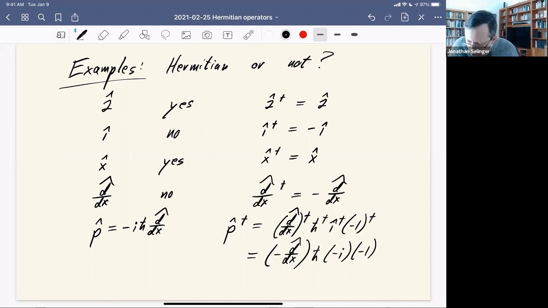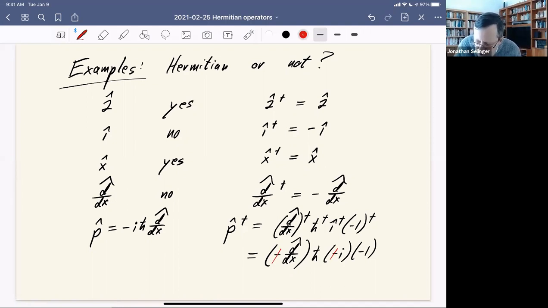Now you can see that the negative sign from the conjugation of the derivative just cancels the negative sign from the conjugation of the i.